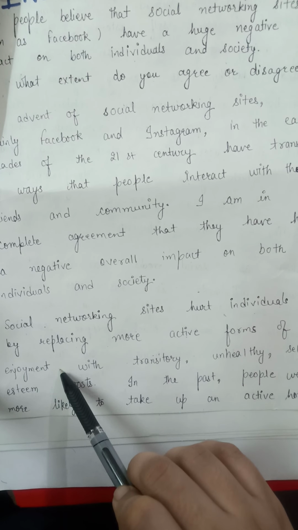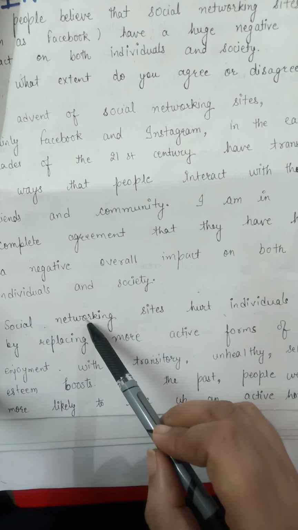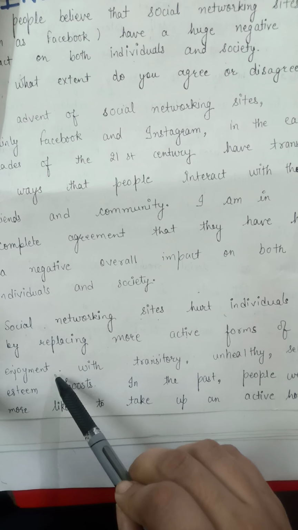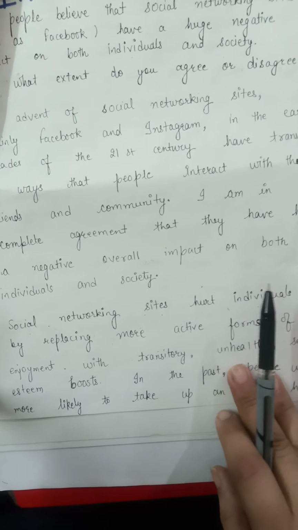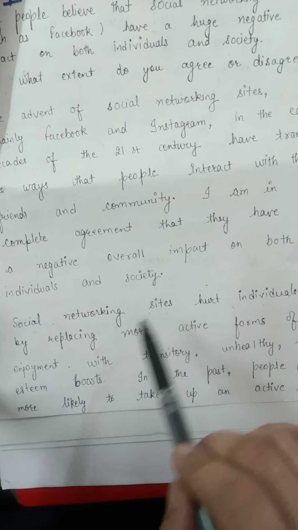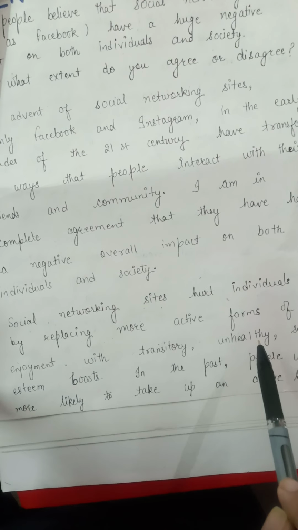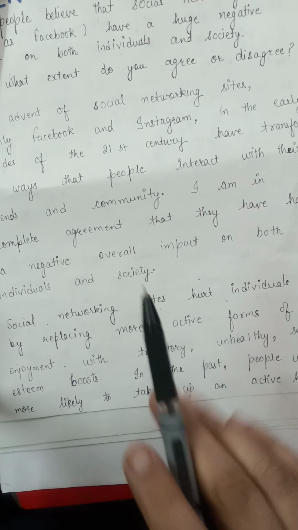What is that actual enjoyment? Actual enjoyment is playing with friends in the park, in the garden, okay, that we do not do now. So social networking sites have taken the place of that real enjoyment with a temporary, unhealthy self-esteem boost. It means these sites have taken the place of actual enjoyment with a temporary, bad, unhealthy self-confidence push.